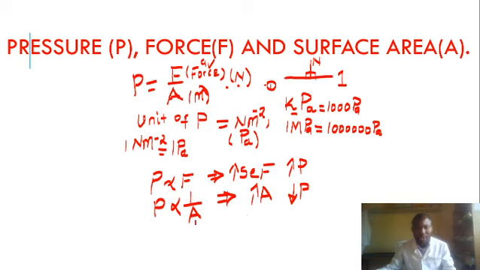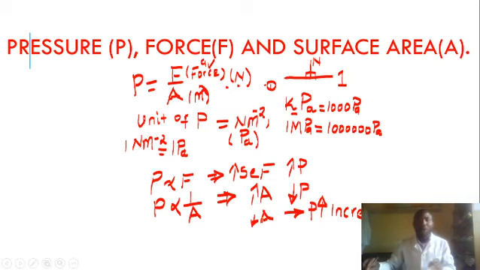If the cross-sectional area is reduced, it will lead to an increase in pressure. That is the relationship that pressure has with force and surface area.